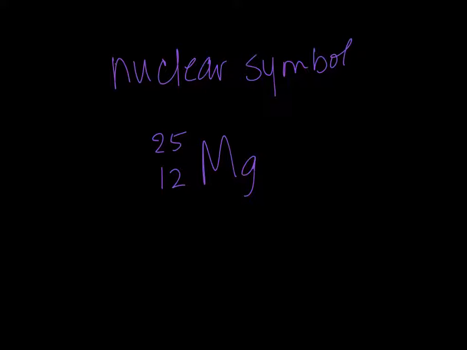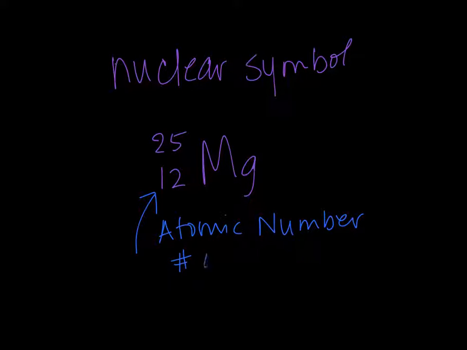All right, this down here is called the atomic number. And it represents the number of protons. Now this number cannot change. For magnesium, it will always be 12. If it was 13, it wouldn't be magnesium, it would be aluminum, because aluminum has 13 protons.